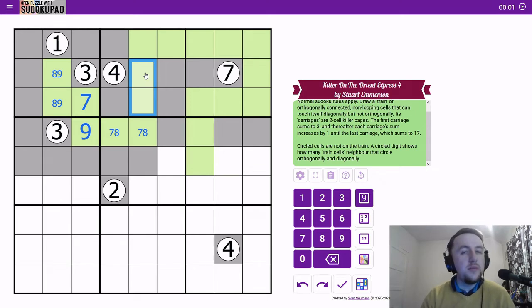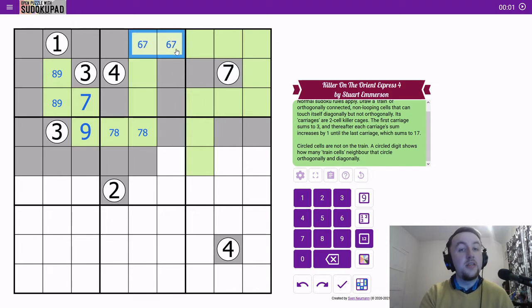These are 2 cells adding up to 14. They could still be 5 and 9 or 6 and 8. These add up to 13. They can't be 4 and 9, so they are either 5 and 8 or 6 and 7. But if they're 5 and 8, then that stops this 14 from being 5 and 9 or 6 and 8. So that's not going to happen. It must be 6 and 7.